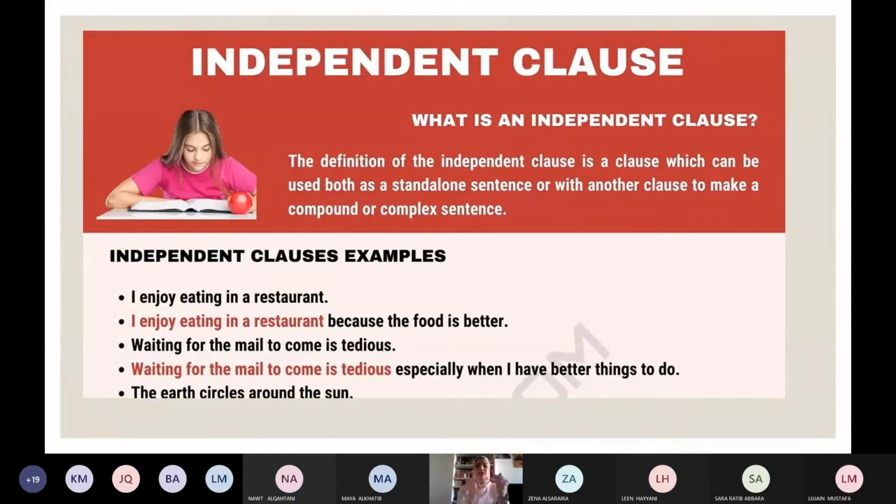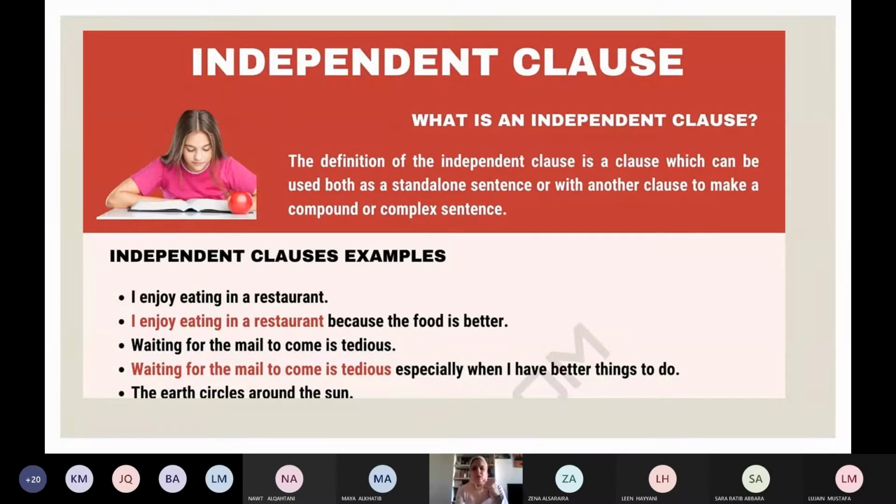Independent clause is a sentence again that can stand alone. It can come alone in the paragraph, or can come alone in an advertisement or anywhere. A sentence that I can say and then I stop talking. It has a subject, it has a verb, and it has a complete thought.